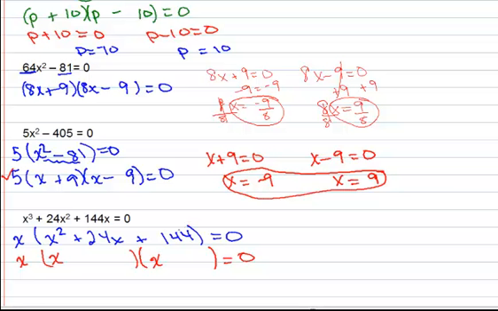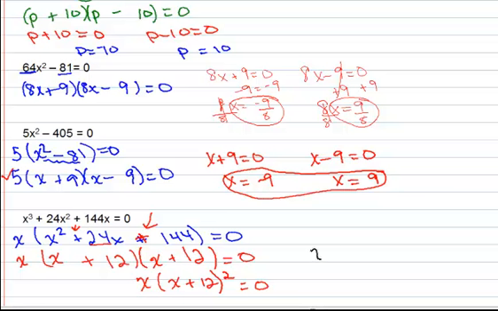What are the factors of 144 that add to 24? And of course that's 12 and 12. Signs are the same, both positive. So we could rewrite this as x, and that really helps us see that we do have two factors here, two unique or different factors.